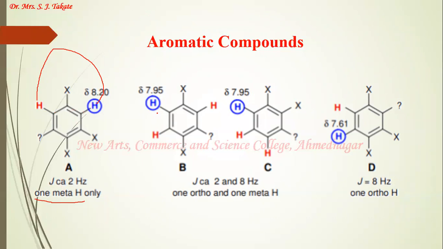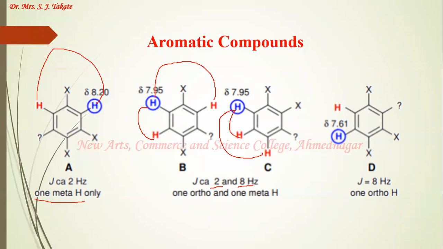Then this is the second case where this blue proton has two coupling partners. One is an ortho coupling and the other one couples with a meta coupling. So this nucleus can show ortho coupling and meta coupling. The ortho coupling constant value will be high, 8 Hz, and the meta coupling constant value will be low, 2 Hz. Not only this, look at this case where an ortho partner is there as well as a meta partner.